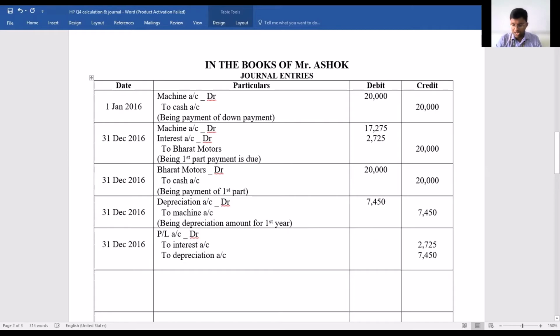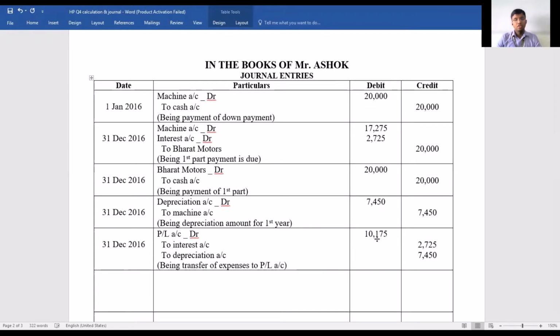So together, when we add up, this works out to be 10,175. So the transfer of expenses to profit and loss account.